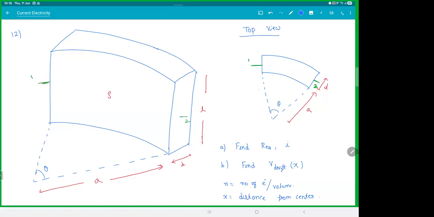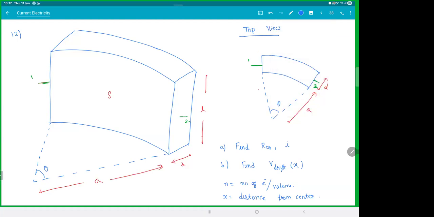How will you choose an element? That's the main important thing, how to choose an element.